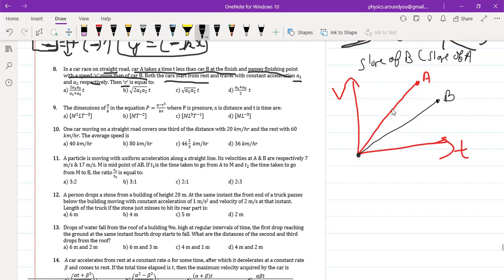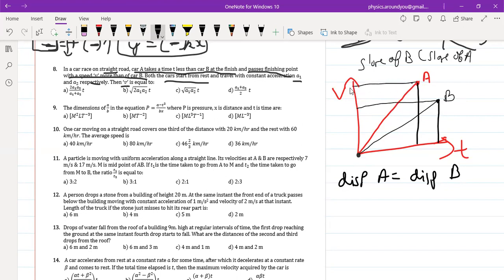Okay, what further awaits us? Let's complete the triangles. What does the area under a VT graph give? Displacement. Displacement of both car A and car B is the same, because they both travel the same distance, with the same starting point and same finishing point. And what else is given?